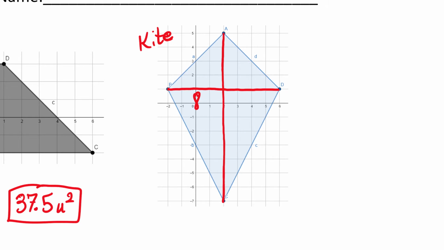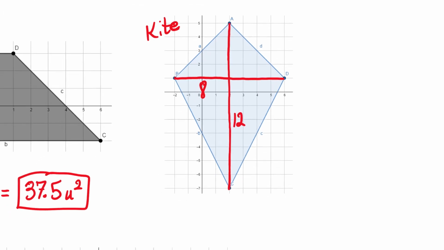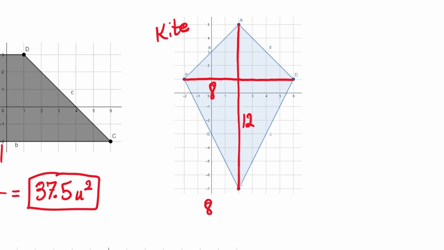How long is that? 12 units. So for a kite, it's diagonal 1 times diagonal 2 divided by 2. So 8 times 12 divided by 2, which is what? 48. It's 48 square units.